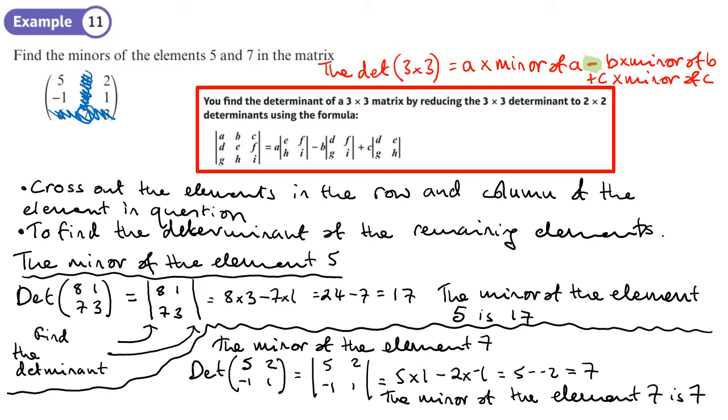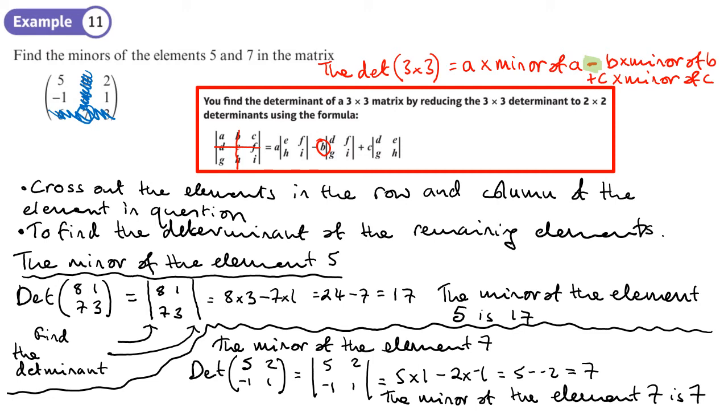If you want to find the determinant of a 3 by 3, find the element A, find the determinant of the minor. You move on to element B, and then you find the determinant of its minor. So it's going to be A, C, G, H. Now I think that's wrong, isn't it?